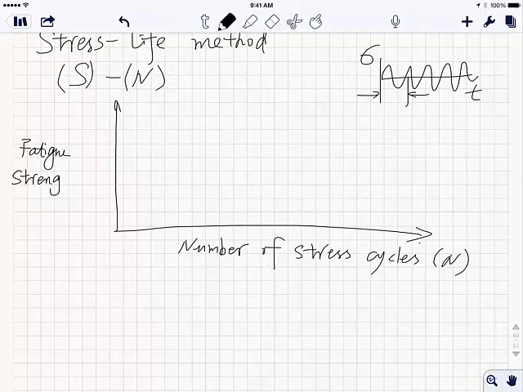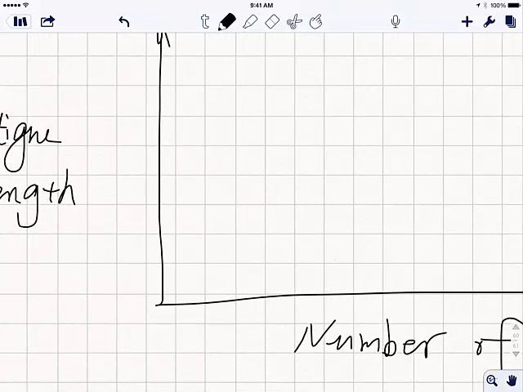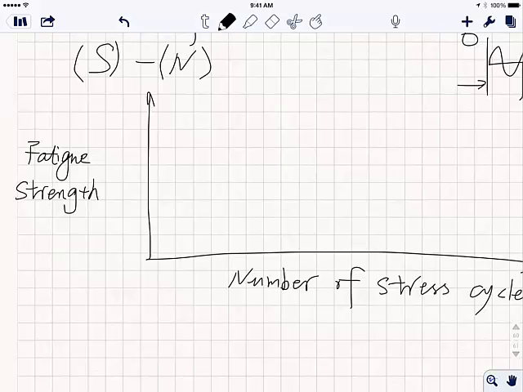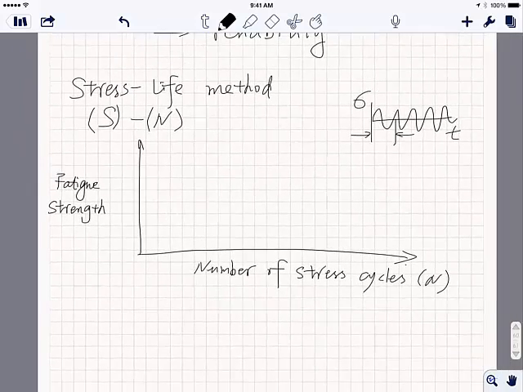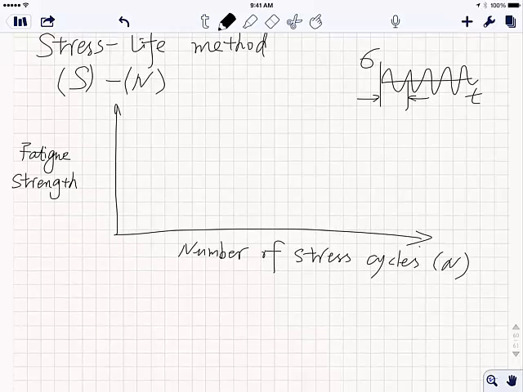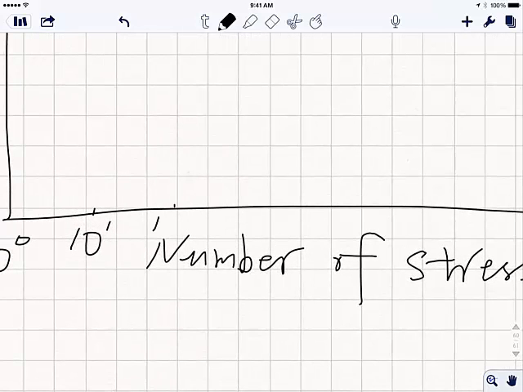Let's say we start with 1, 10 to the power of 0, and we have 10 to the 1, 10 to the 2, 3, 4, 5, 6, and 7, and 8.